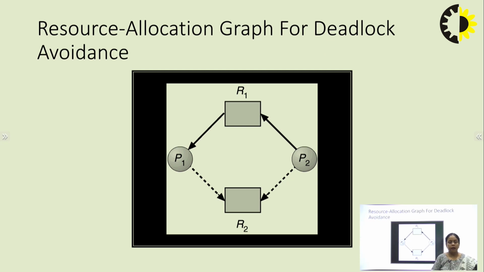P1 can request R2 in the future. That's why we have this dashed claim edge here. In this way, P2 also can claim the R2 resource. So these are the two claim edges. And if this particular process actually requests this resource, then what happens?